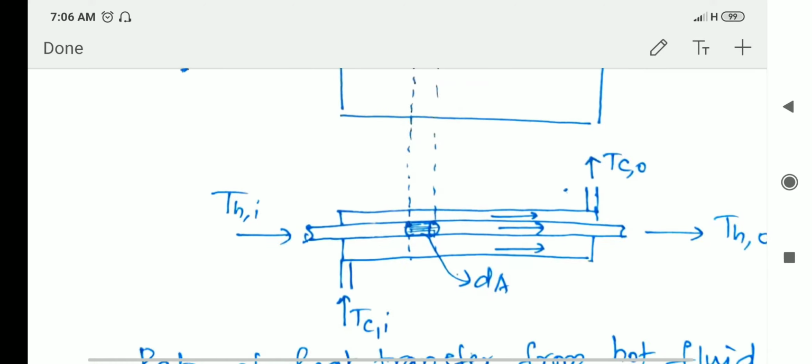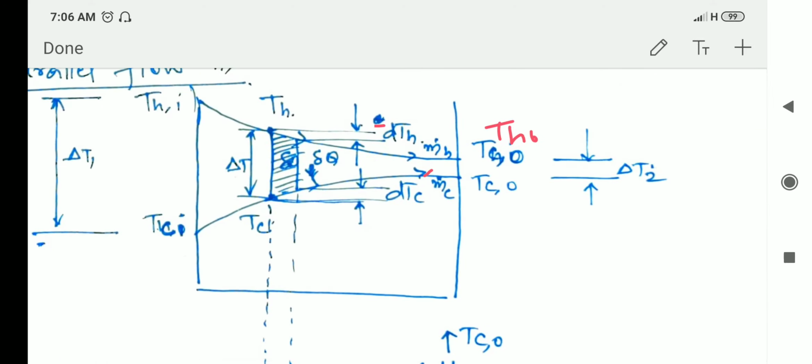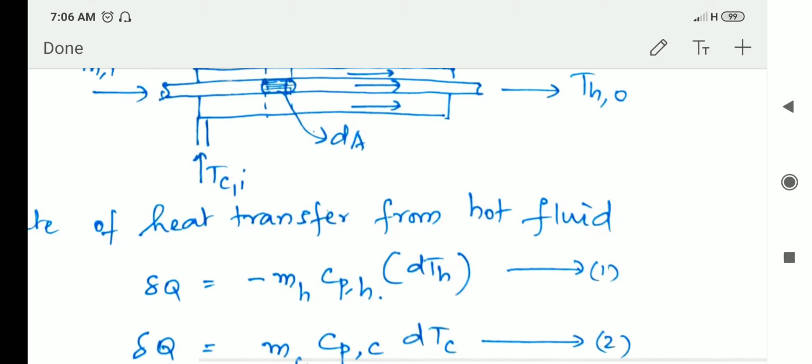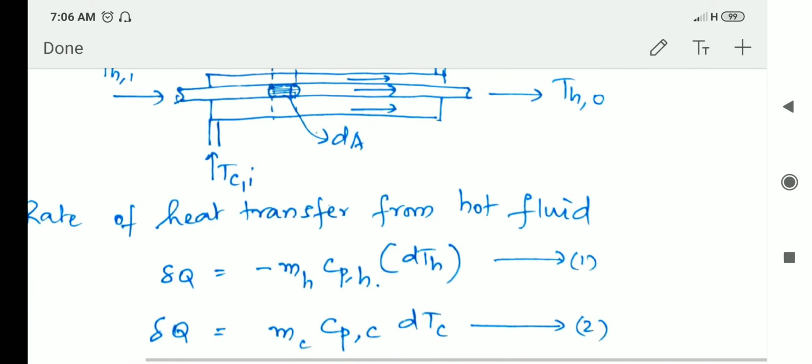And the solution is a very simple derivation actually. We need to know only three or four equations, and simplifying these will get you the answer. So the first equation will be del Q equal to minus mh Cph dTh, that is, for the small area, del Q equal to mh Cph into dTh.